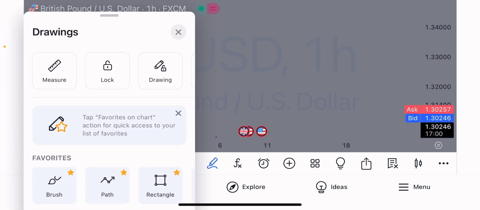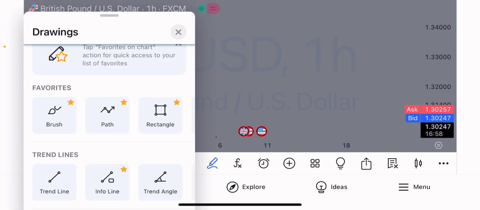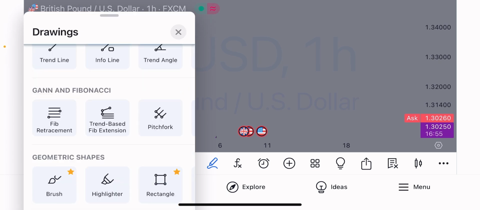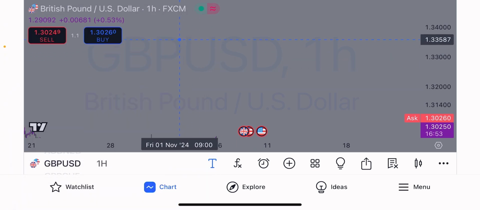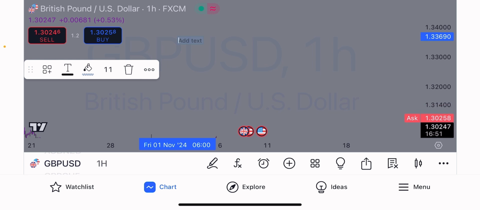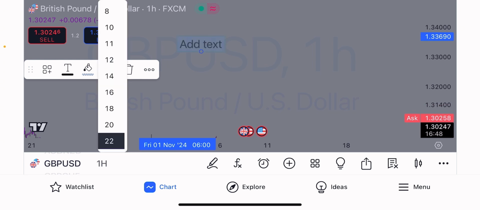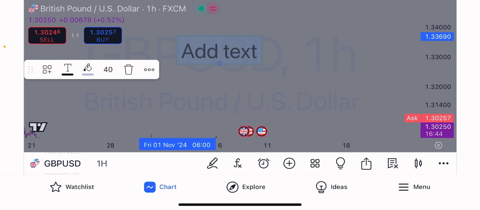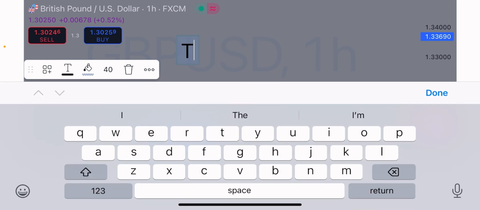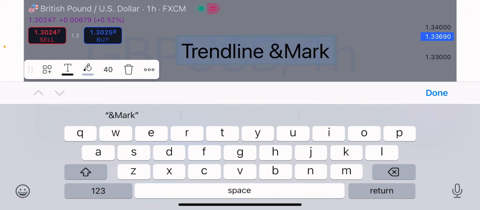So, guys, in tonight's section, we're going to be talking about trend lines and market trend.